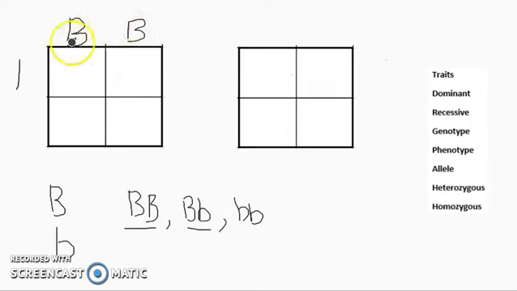Homo is a prefix that means same. So in this case, you have the same, both are capital letters. So this would be homozygous dominant. Guess what this would be? This would be homozygous recessive.